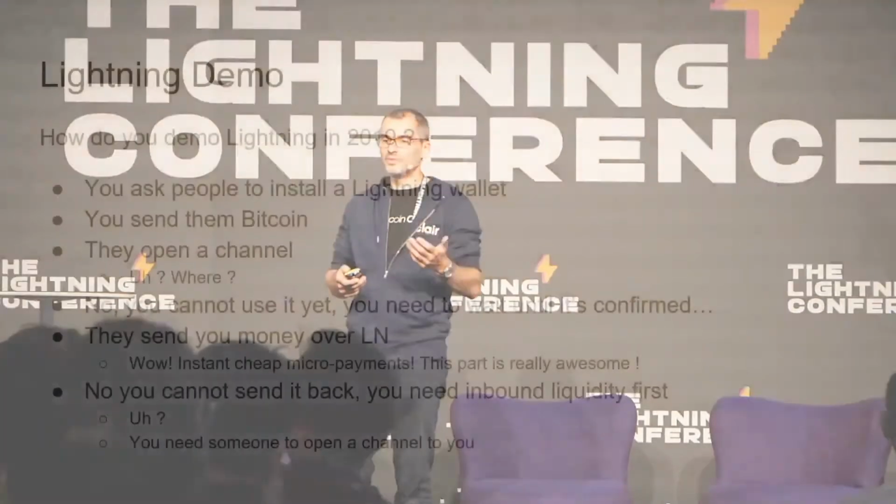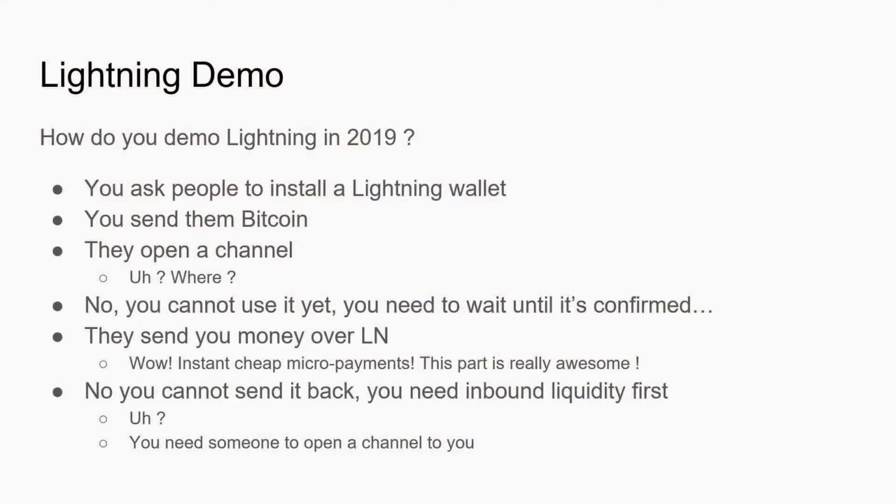And they send you money over Lightning. This is really awesome because it's instant, cheap micropayments, and there's really a wow effect. But they can't send it back to you because they need inbound liquidity first, and it's a bit tricky to explain. Basically, you tell them you need someone to open a channel back to you. And how do I do that in practice?